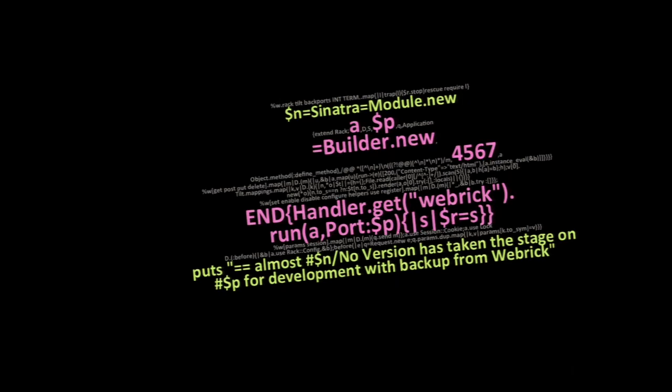And at_exit is a really, really cool feature in Ruby. Actually, Sinatra itself uses it too. It basically says whenever you're done with running your code, please do whatever is in that block. So it starts a server.